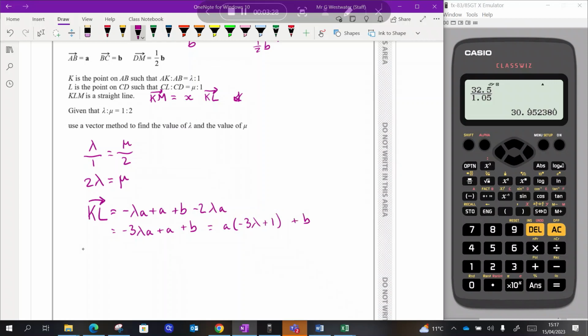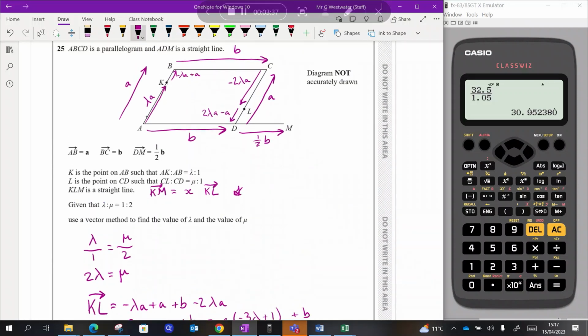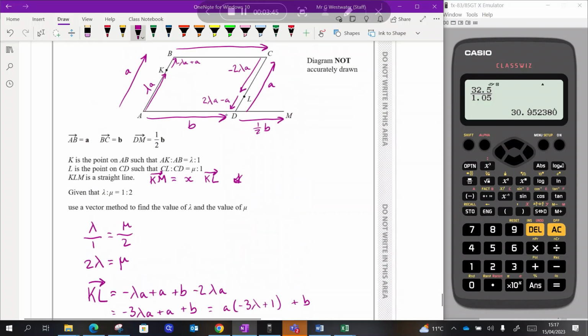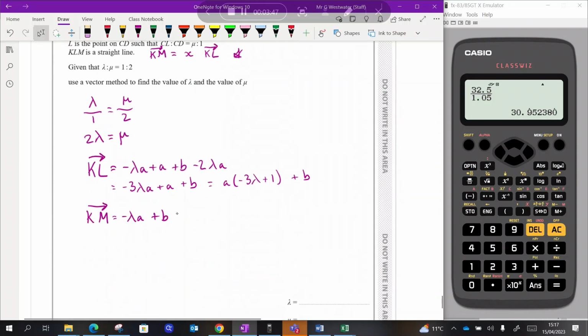Now if I do KM, because we're going to be using this relationship, this is going to be minus lambda a plus b, going along here, plus a half b. Or in other words, minus lambda a plus 3 over 2 b.